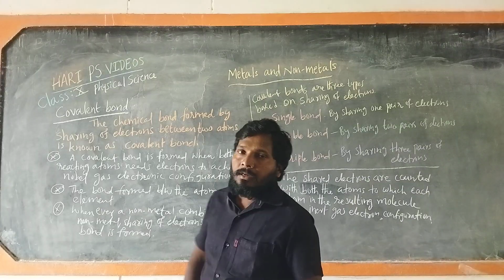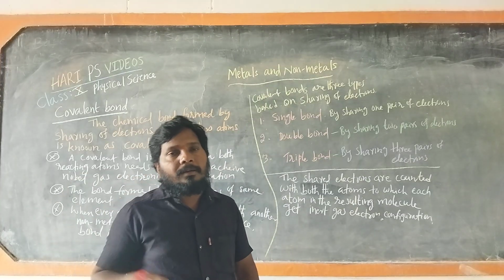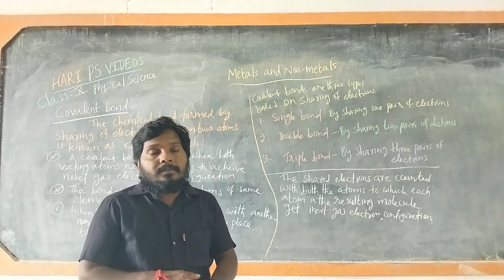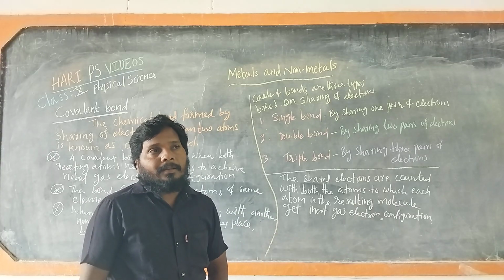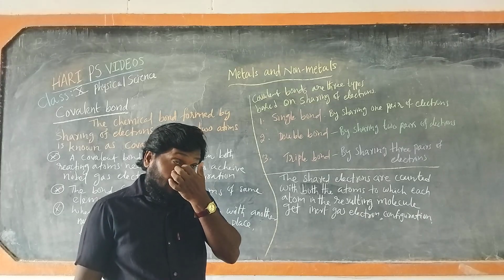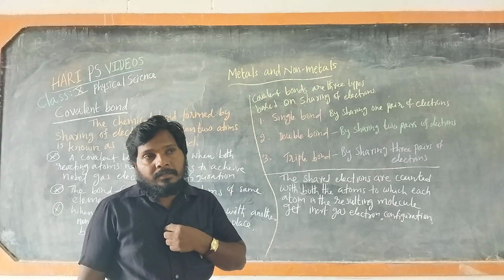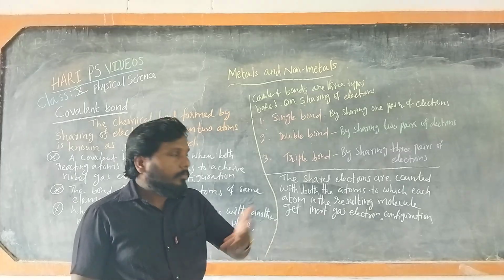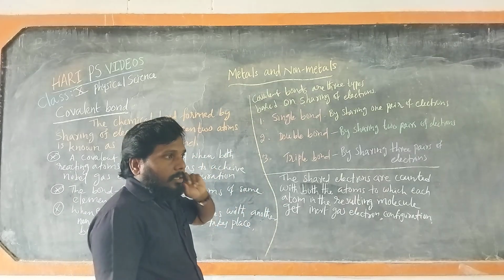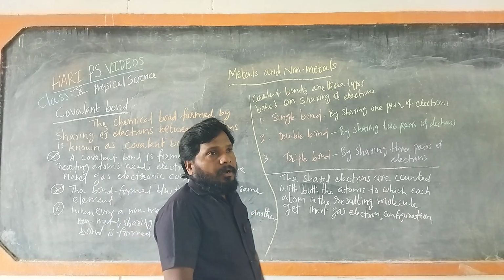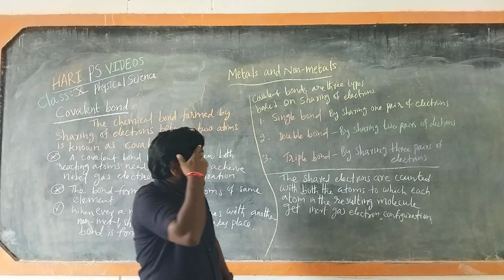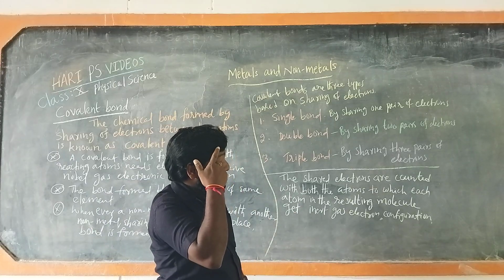After sharing the electrons, you have to count the number of electrons around the two atoms which are combined, to see whether they get stability by sharing electrons. Based on how many electrons are shared between the atoms or elements, the covalent bond is of three types.